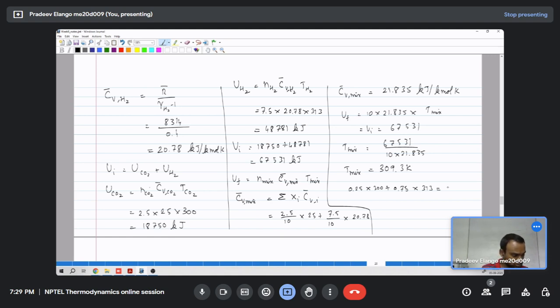So this is again about 309.7. So we have calculated the temperature of the mixture.